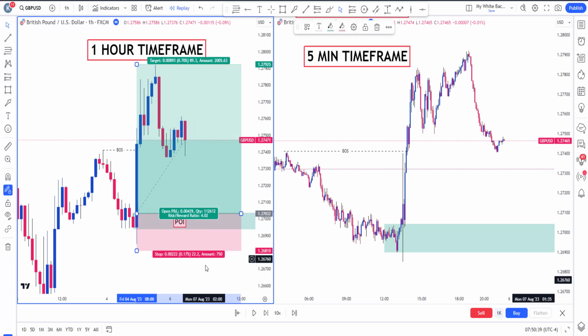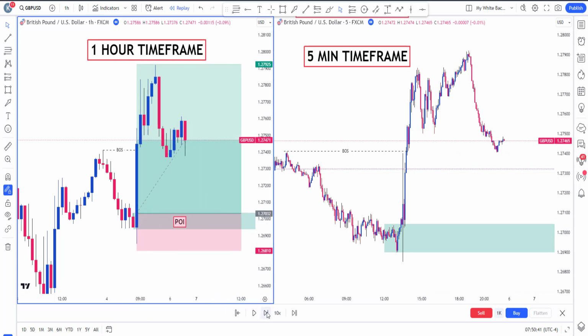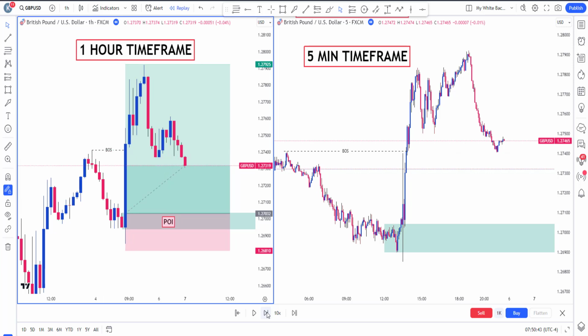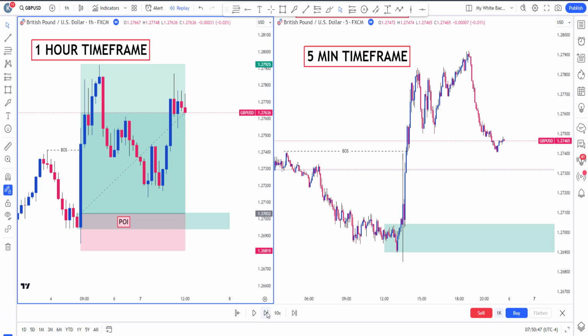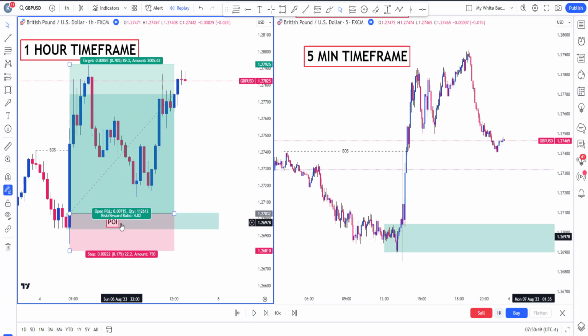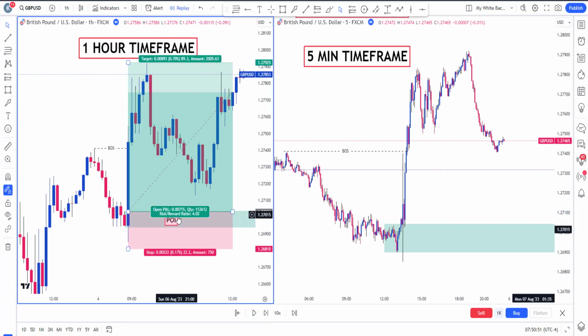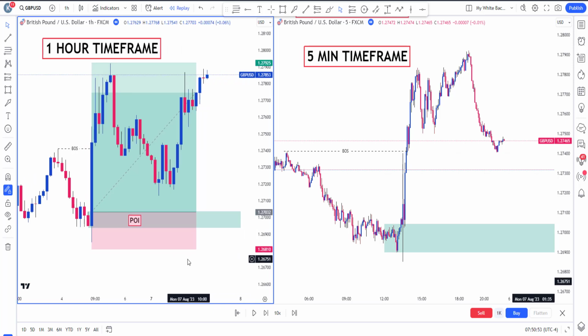If you wait for price to actually come to that area, price never really comes back to this point of interest. And this is what makes it more frustrating to a lot of ICT traders.